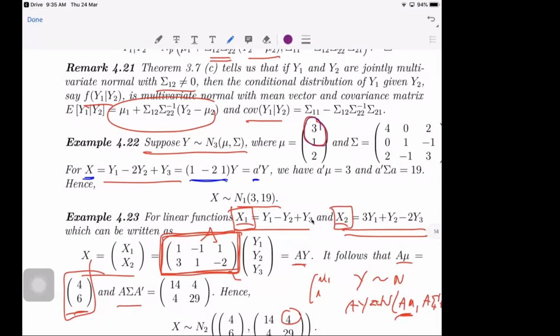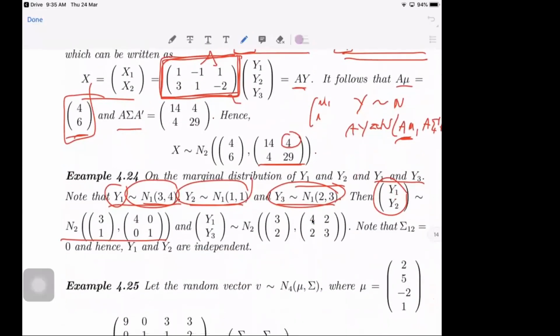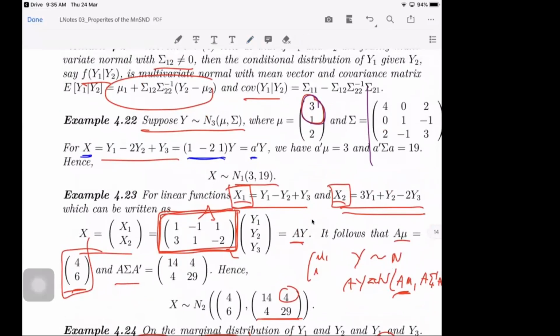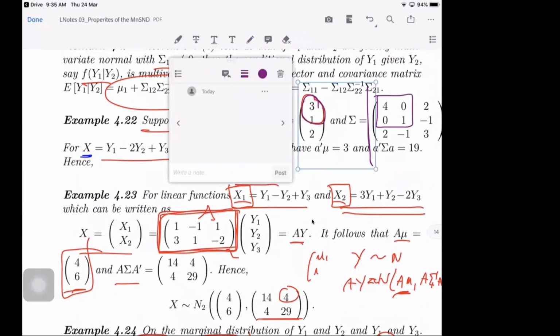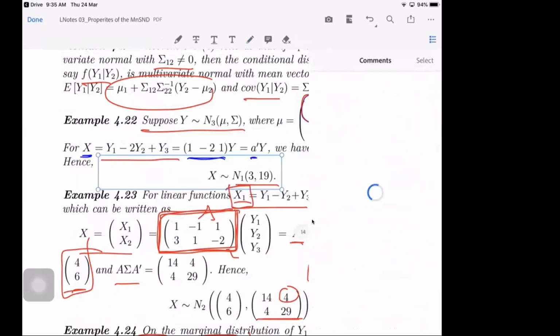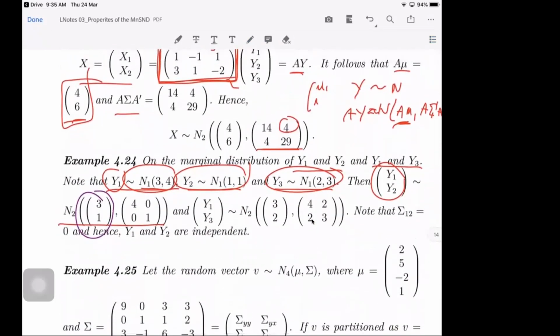And then the covariance matrix of Y1, Y2 will be this part. So you have this one, okay?